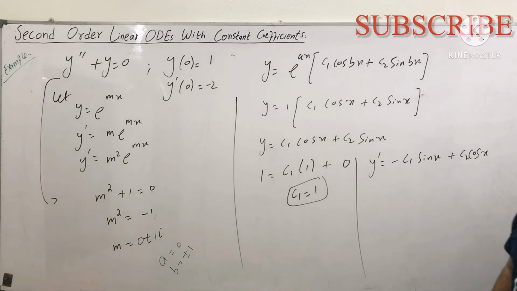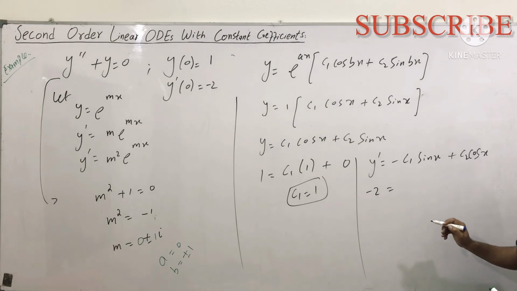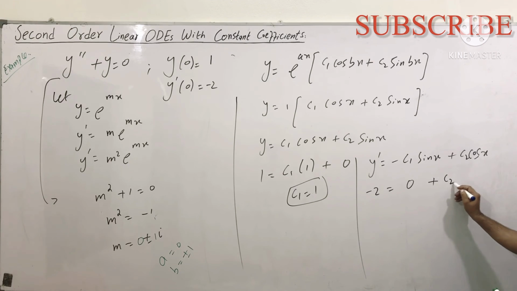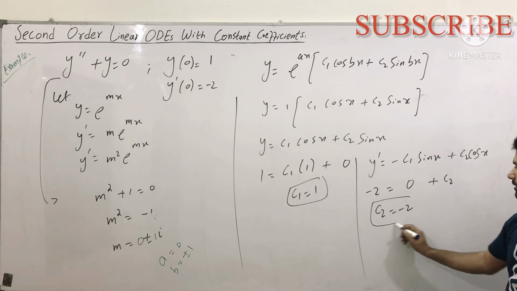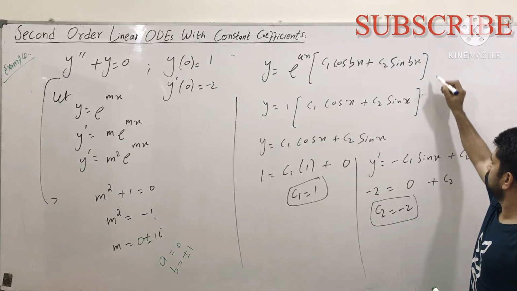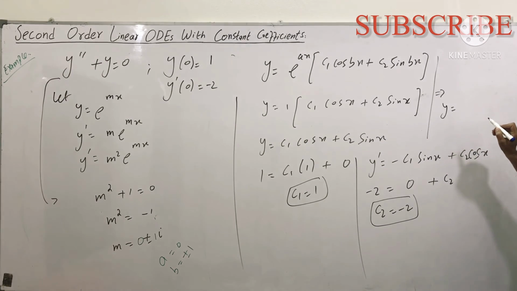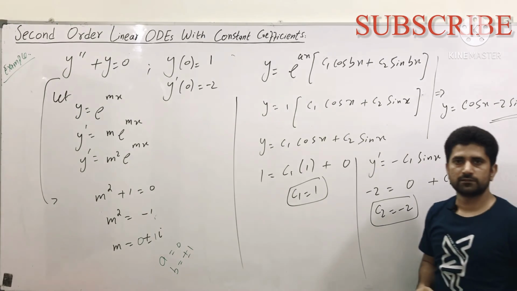Now we put the condition when y prime is -2 and x is 0, so the c1 term would be 0 because of sine, and we have only c2, so c2 will become -2. We have the c1 and c2 answers, we put them back in this equation. So y = cos x - 2 sin x, and this is our specific solution.